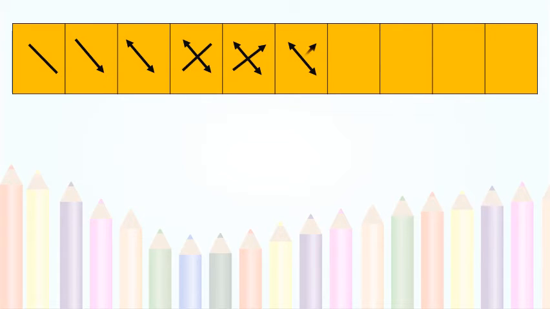If you see carefully, then you will get the next sequence or the next pictures. Yes, here are question marks. See students, what will be the next pictures? Guess. I will help you here.